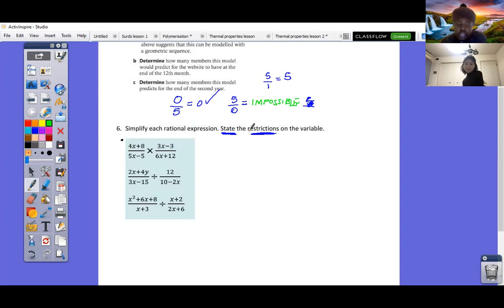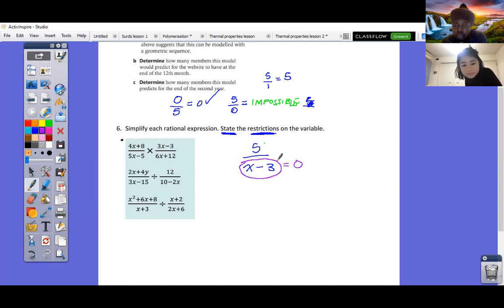So the restrictions, anytime... if I gave you an equation here that was written as 5 over x minus 3, what are the restrictions on this equation? Well, we cannot let this bottom part equal 0.